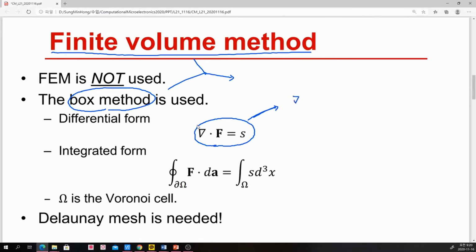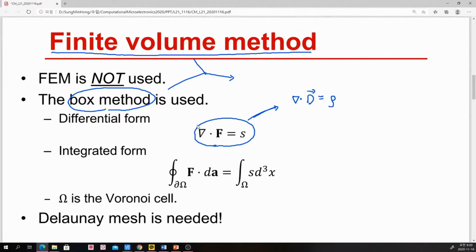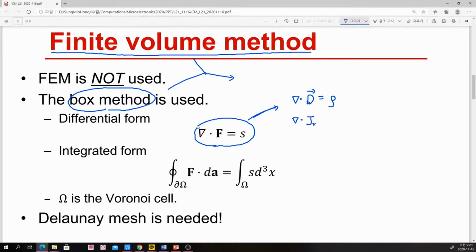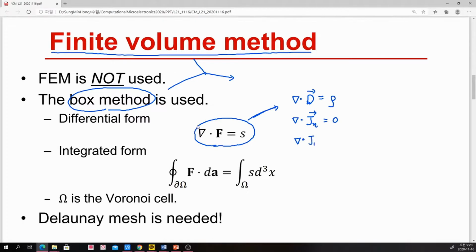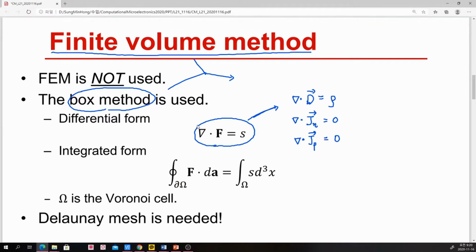For example, if we consider the Poisson equation, it can be written in this form. When we consider the electron continuity equation without generation-recombination term, we will have this form under the steady state condition.